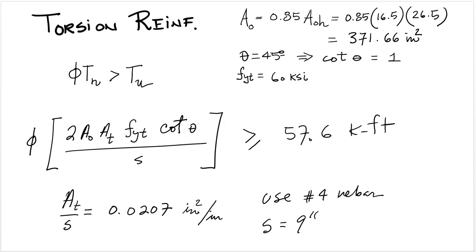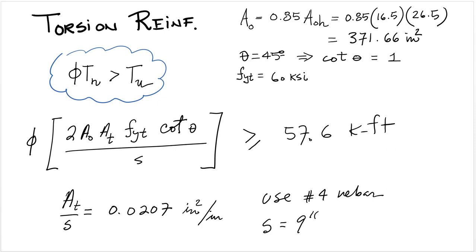The next step is to check torsion reinforcement. To do that, we have to satisfy this formula, which is phi Tn greater than Tu, the typical design formula. And so that formula is phi times 2 A0 At fyt cotangent of theta divided by s.